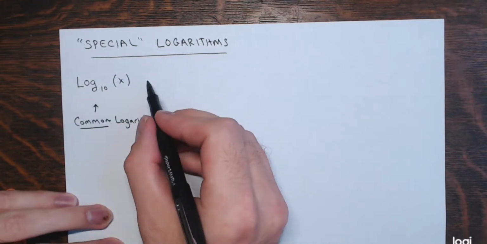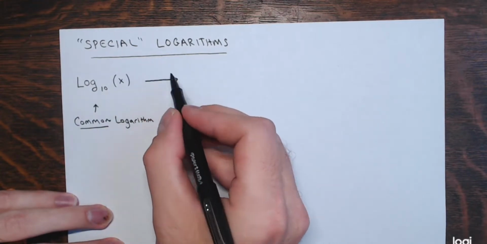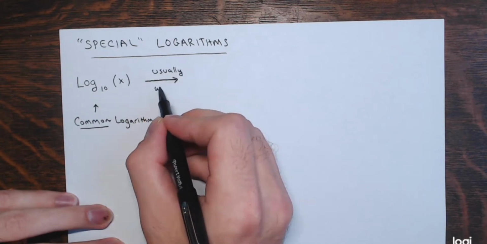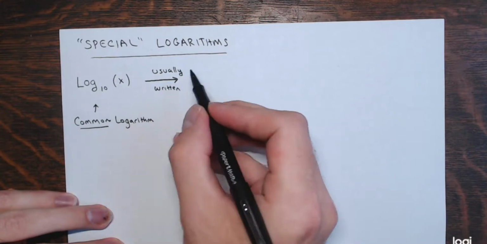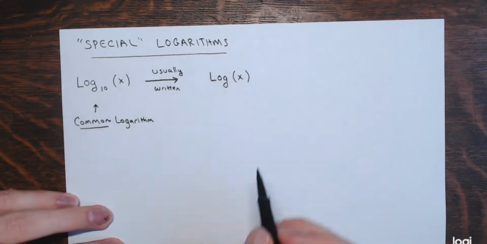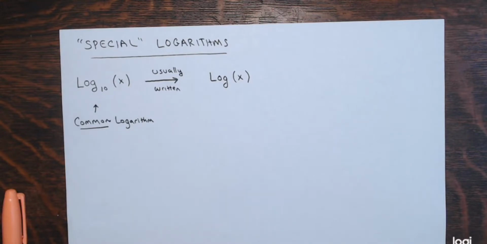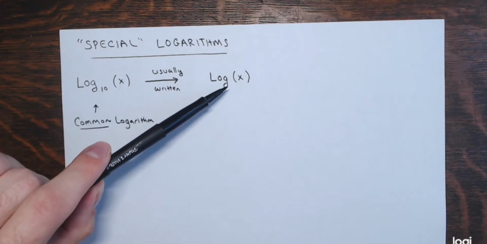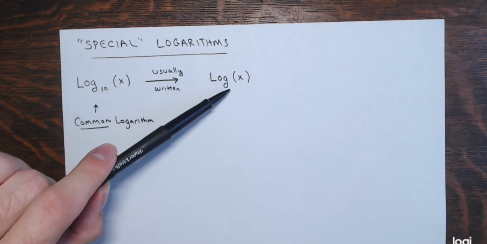Well, this is usually written, again, usually written, not always, as just log. Sometimes the base will be there, but just know that if you see log with no base, you are going to assume that that's base 10.